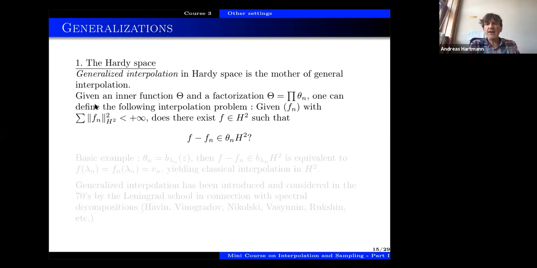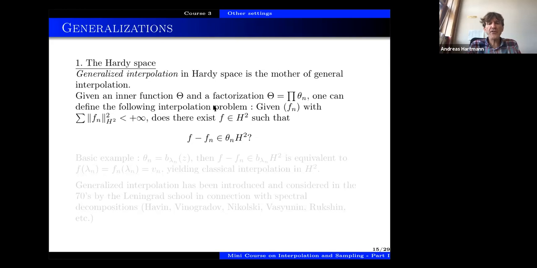So, okay, I define the trace this way, which seems to be reasonable. We had always summed little l2 of the values. So here we do it with this norm. We want to get f minus f_n, which is in Θ_n H².